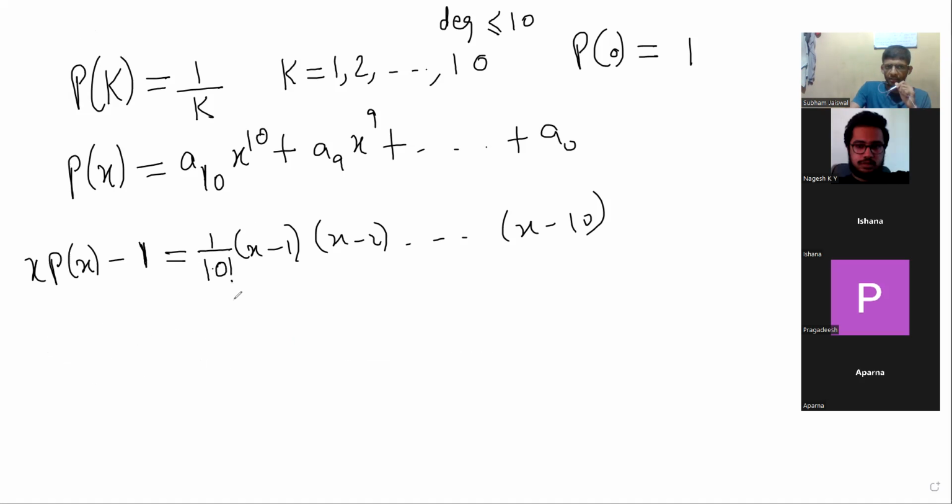So are we done? We are not done, right? Because we have to find Px. Right? We have to find Px. So this is okay, but we have to ensure that Px is a polynomial.